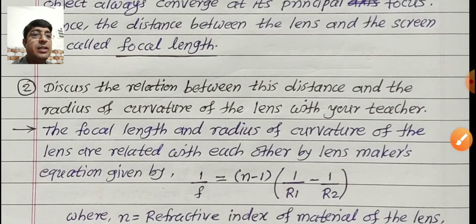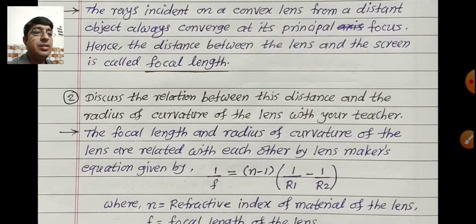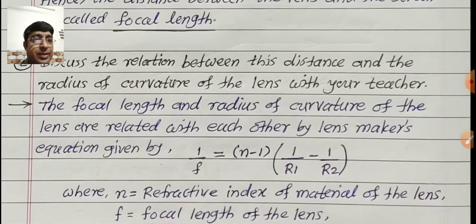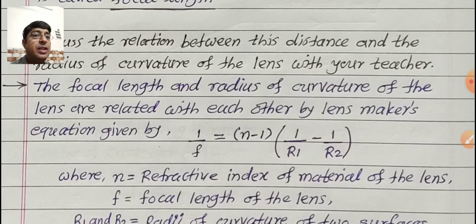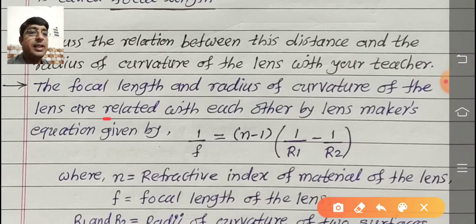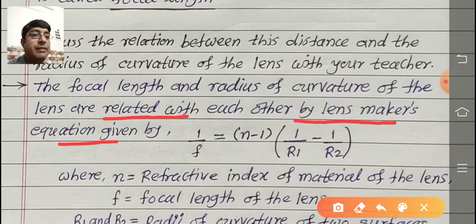Second question given: discuss the relation between this distance and the radius of curvature of the lens with your teacher. So the answer to this question: the focal length and radius of curvature of the lens are related with each other by the lens maker equation, given by 1/f = (n - 1)(1/R1 - 1/R2).